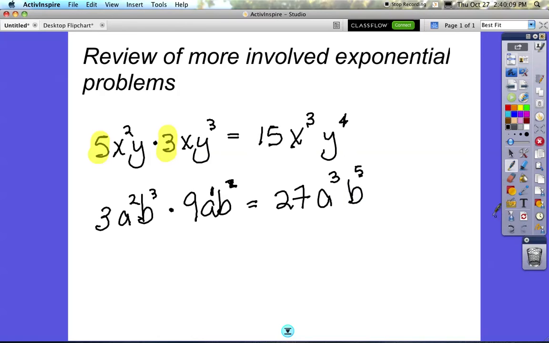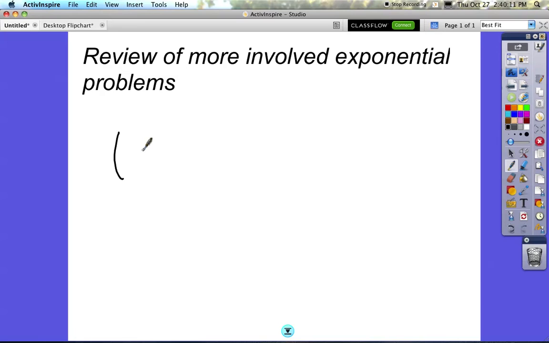Now, the next one is one that kind of seemed to mess us up a little bit when we did it the first time. Okay, so we have 3x squared y cubed, and that's all in parentheses, and that is all squared. So I'm going to show you the two methods that we discussed when we did this in class.